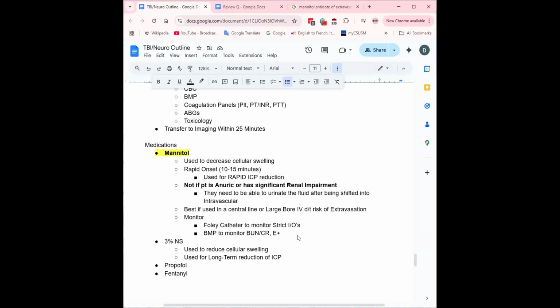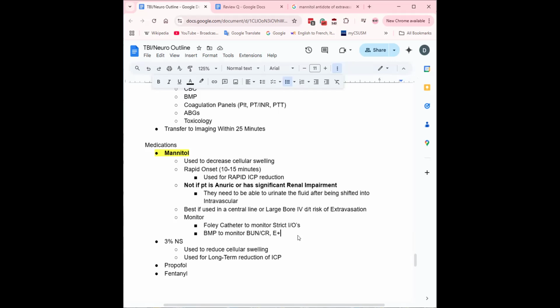But if you have issues with a lot of fluid being in the intravascular, like CHF people, they have difficulty pumping, and if you increase their intravascular volume, their hearts aren't going to know what to do with it, so it will migrate to the lungs due to pressure.